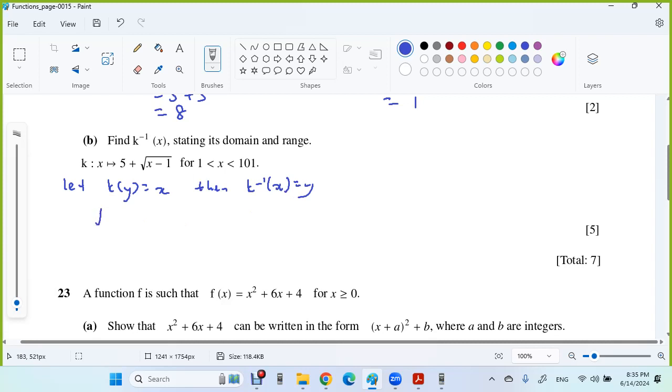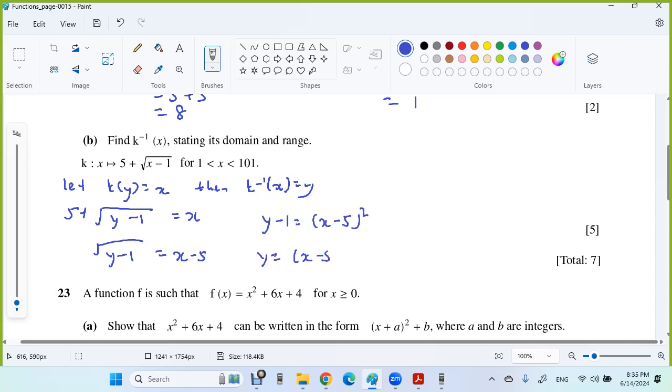So we have 5 plus square root of y minus 1 equal to x, then square root of y minus 1 equal to x minus 5. So y minus 1 equal to (x minus 5) squared, then y will be (x minus 5) squared plus 1. Therefore the k inverse of x will be (x minus 5) squared plus 1.